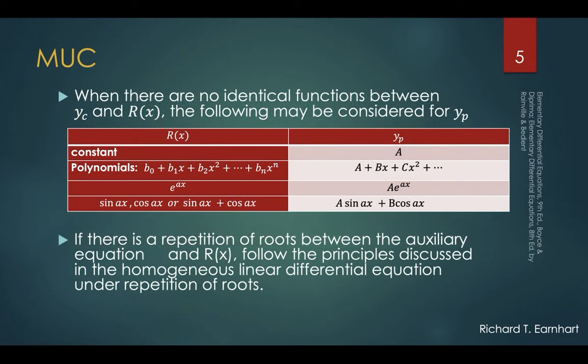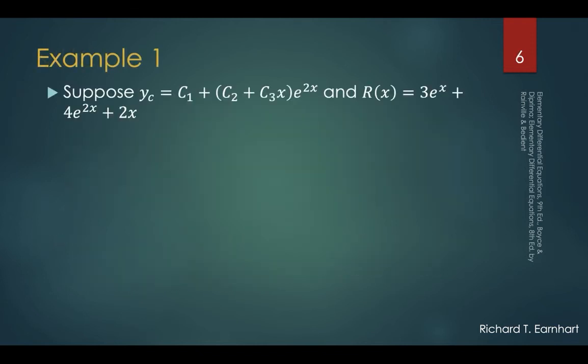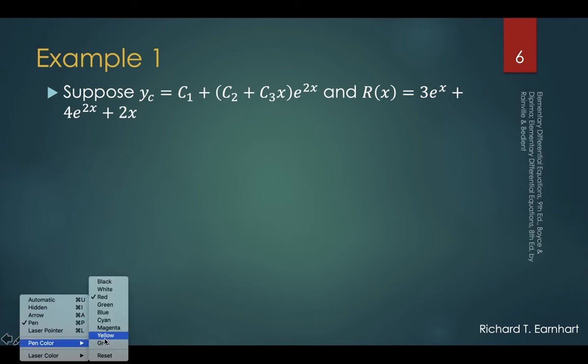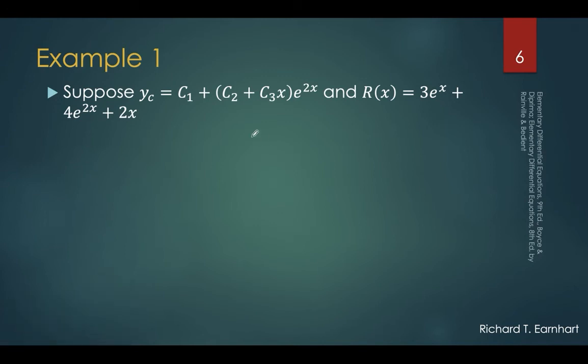If there is a repetition of roots between the auxiliary equation and your r of x, we follow the principles discussed in the homogeneous linear differential equation under repetition of roots. So for example, suppose you obtain a complementary solution in the following form, and then this is your given r of x.